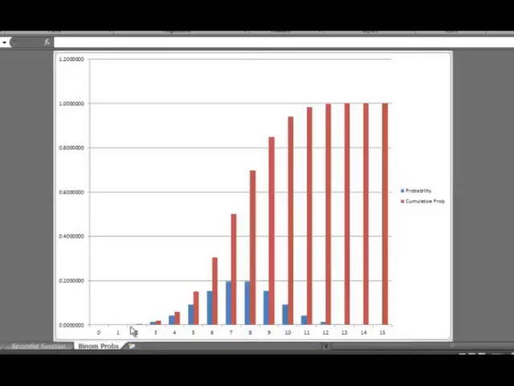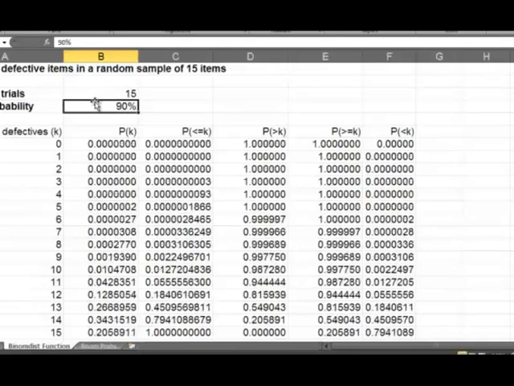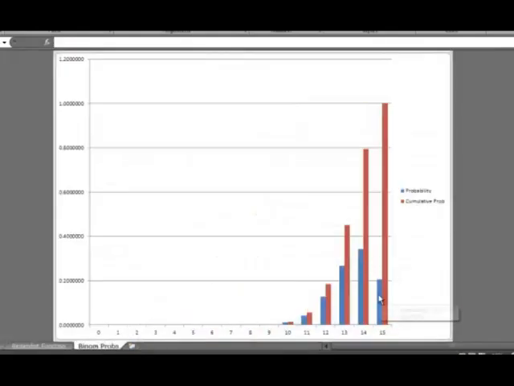And look at what happens to the cumulative probability. It starts out and remains very close to 0 for a while, and then it increases. Let's go up to 90% just to see what the opposite case would look like from our original case. We started out with a 10% defect probability. Let's see what a 90% defect probability looks like. It now looks like almost a mirror image, if you will, of the previous situation.